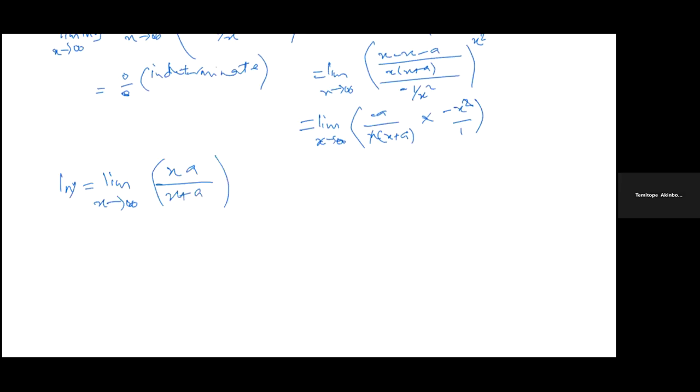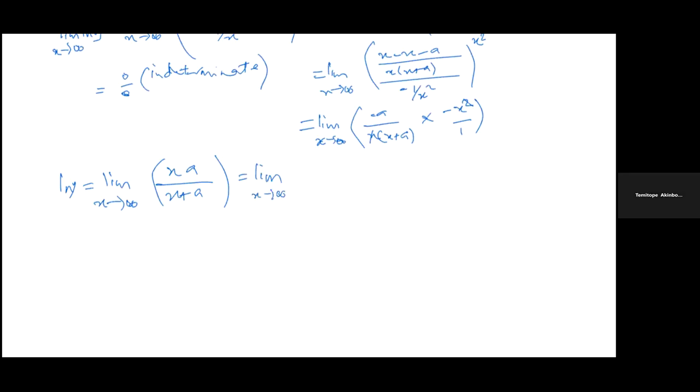Now, because the limit is approaching infinity, we have a rule that says you divide both numerator and denominator by the highest power of the denominator. So the highest power of the denominator in this case is x raised to power 1. So I will divide both numerator and denominator by x.